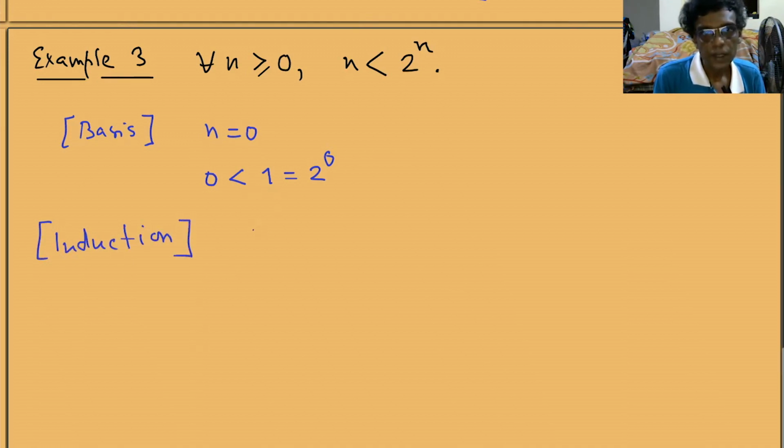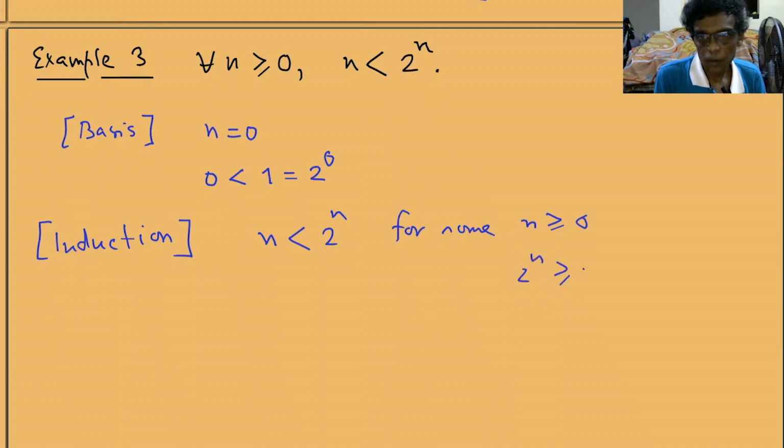Okay. Suppose n is less than 2 power n for some n greater than or equal to 0. If n is greater than or equal to 0, 2 power n is greater than or equal to 2 power 0, which is 1. So I can write 1 less than or equal to 2 power n.